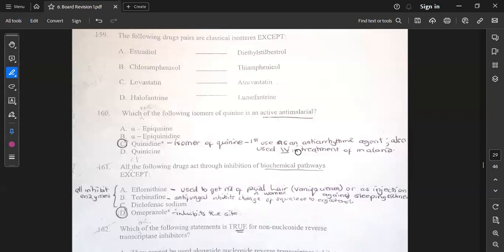Omeprazole, we answered that it irreversibly binds to the amino acid cysteine, causing inhibition of the proton pump.